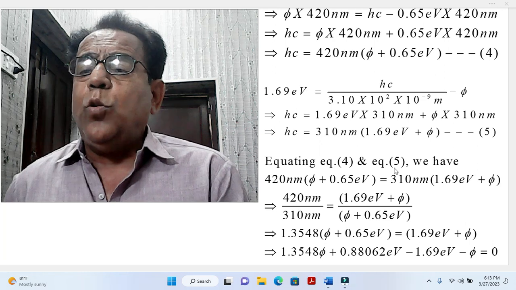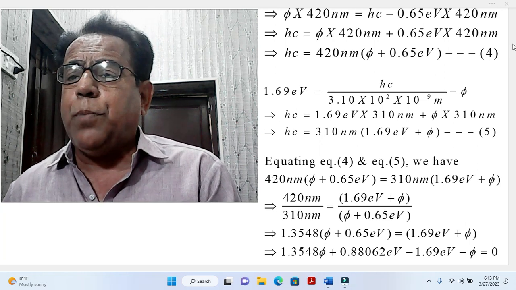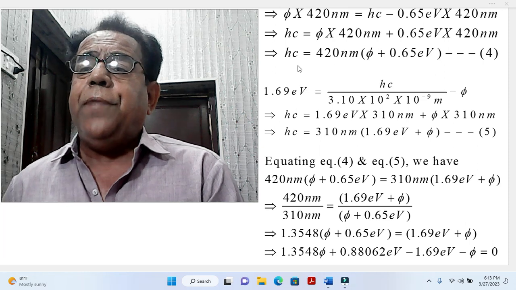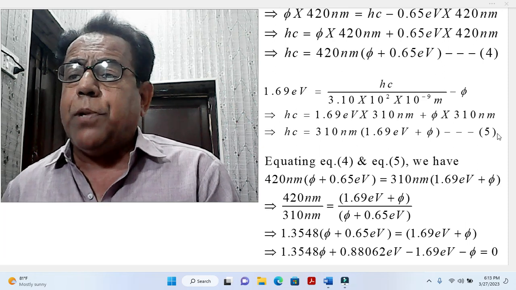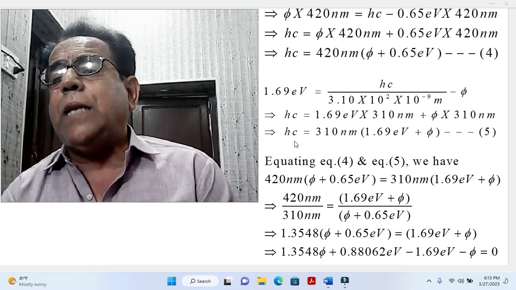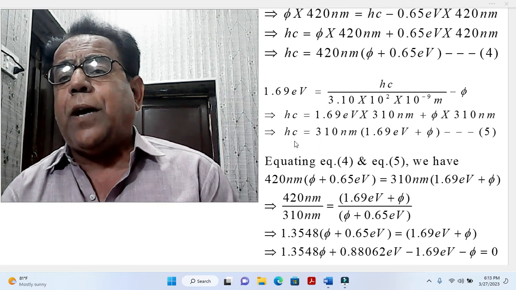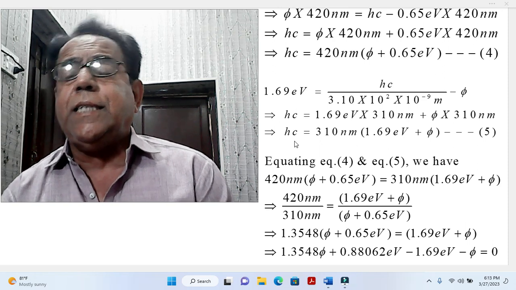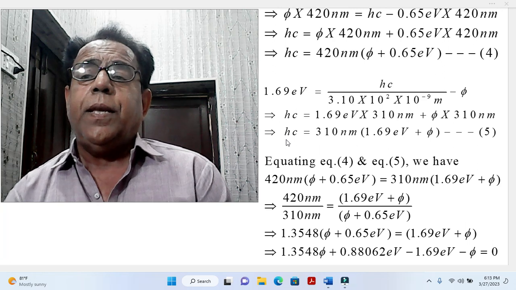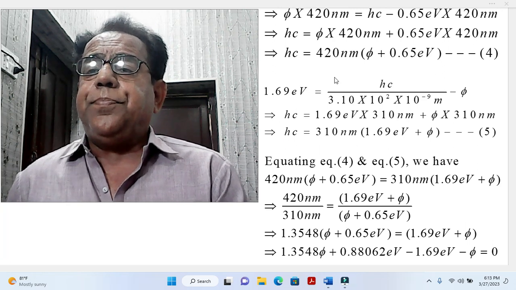Now the thing which has become simple for us is that equation number 4 is also the value of Hc, and equation number 5 is also the value of Hc. So equation number 4 and 5 are equal. So here it has become possible for us to eliminate Hc.